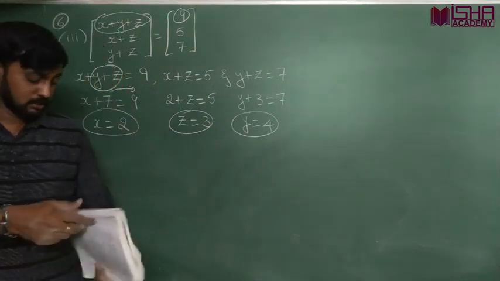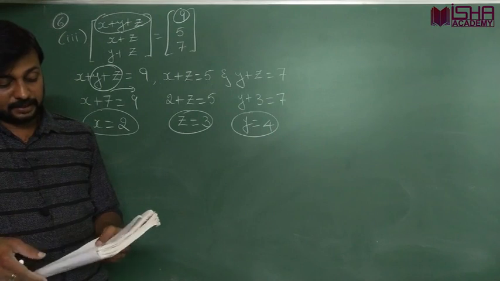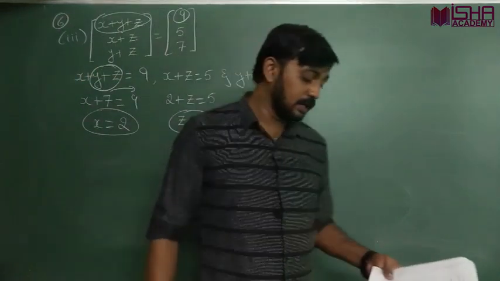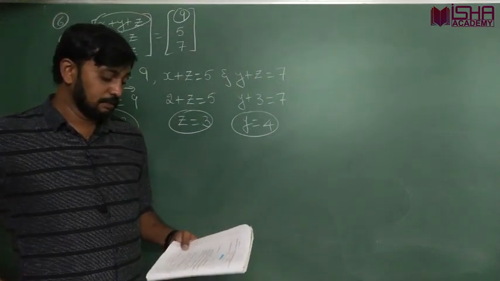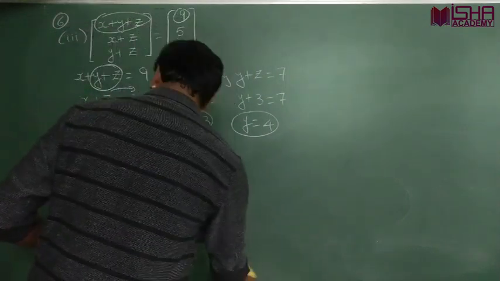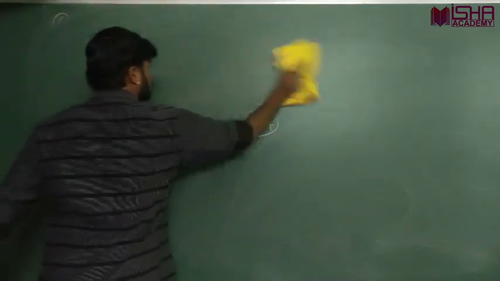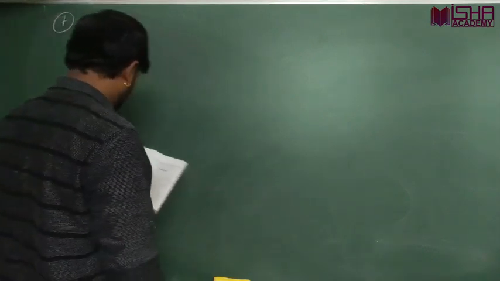So next, question number 7. Find the values of A, B, C and D from the equation. Look at the textbook: find the values of A, B, C and D from the equations.